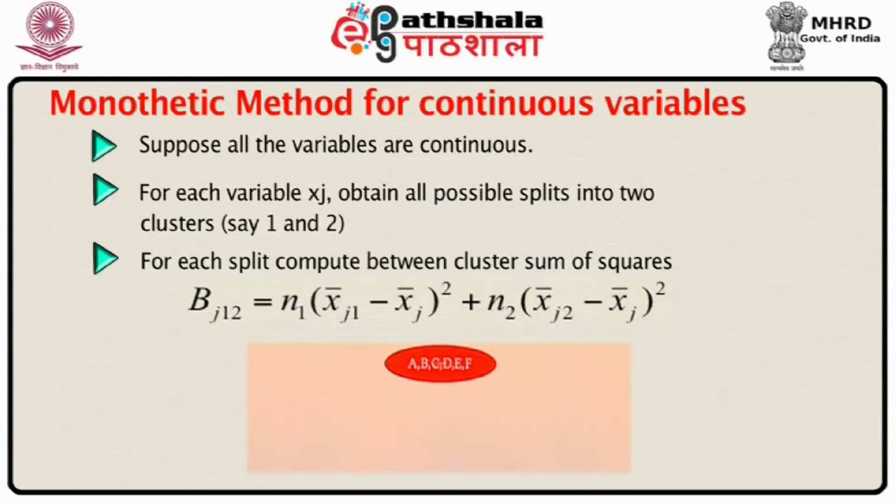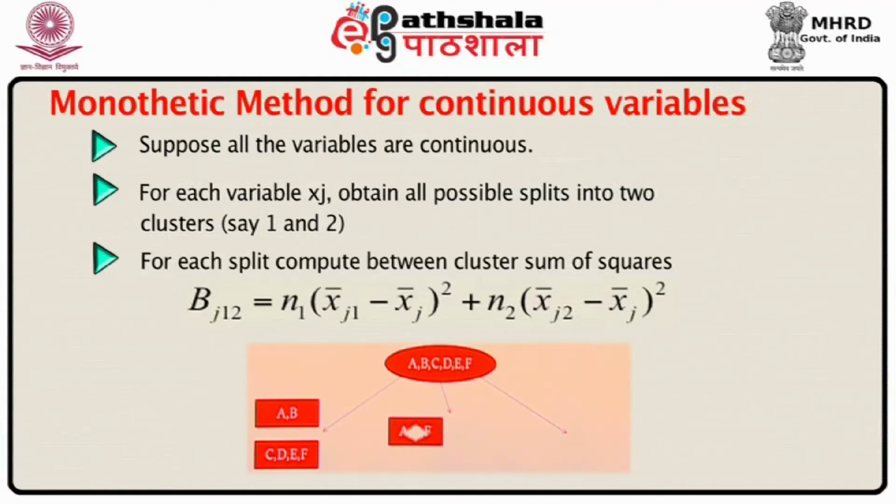If you look at this diagram, suppose we want to segregate A, B, C, D, E, F into two clusters. We can do this in several ways. I'll just illustrate three of the ways here. I can segregate them as AB in one cluster and CDEF in another cluster.